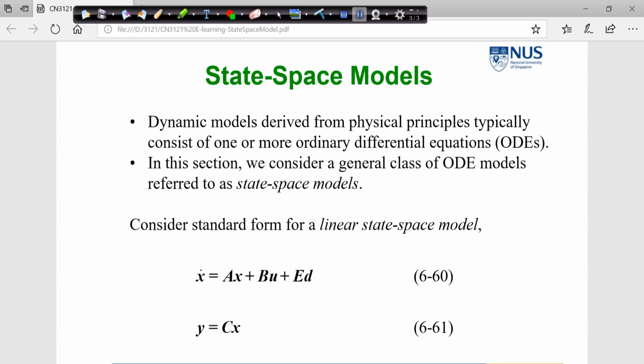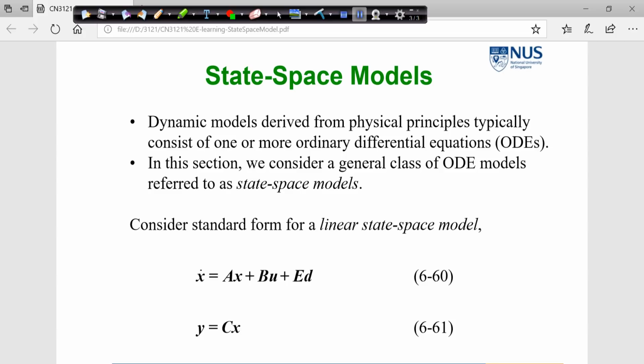Okay, so let's use a new e-learning slide to have a look at how we derive this new type of model. Normally dynamic models derived from physical principles consist of one or more ordinary differential equations, ODEs. In this section, we consider a general class of ODE models referred to as state space models.